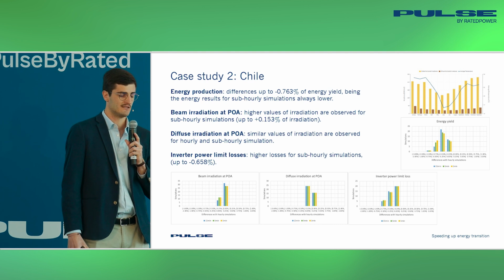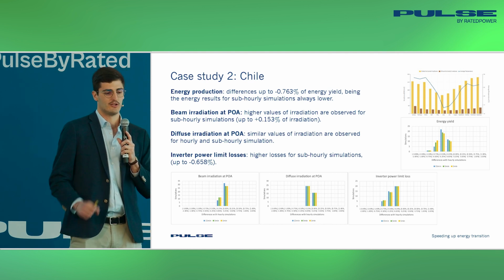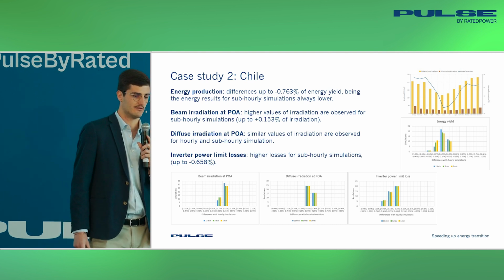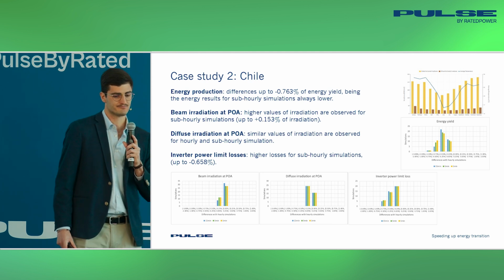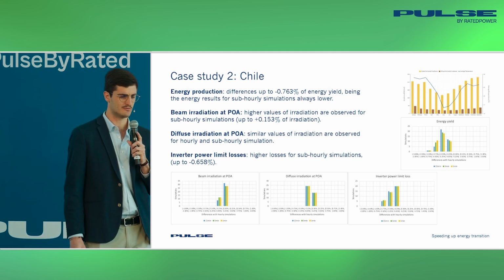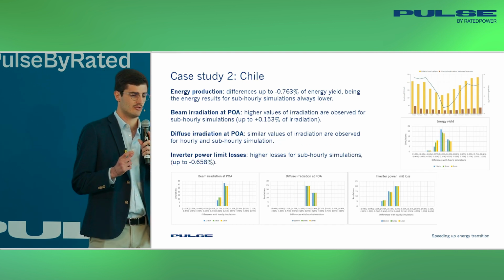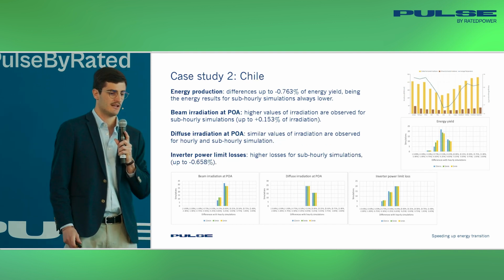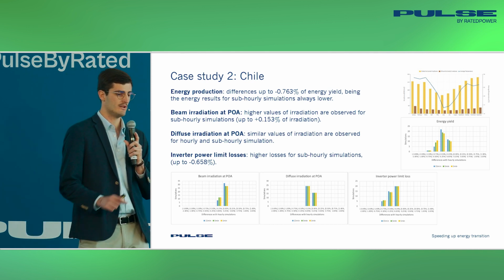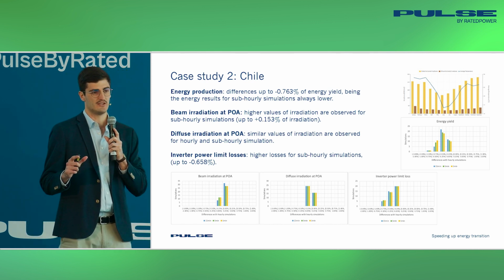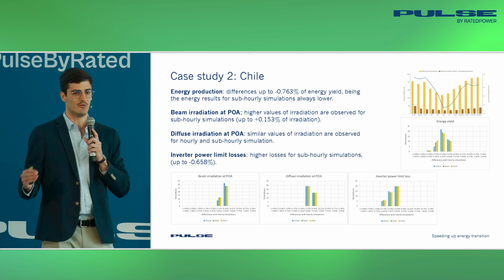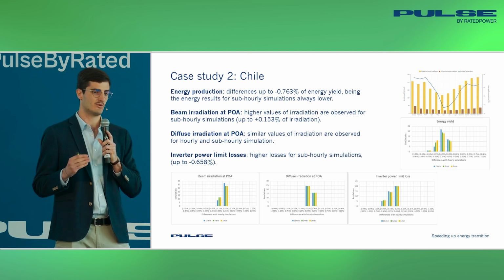And then also differences were observed for the beam and diffuse components of the irradiation at the plane of array. There the differences were smaller than in the previous case, but the distributions were similar, except for the diffuse irradiation, where we saw that for some simulations we had higher irradiance for sub-hourly, but in others we had lower.